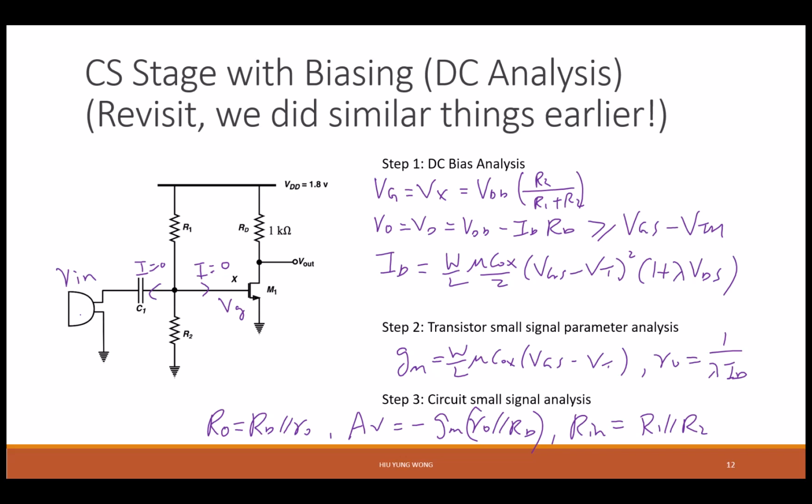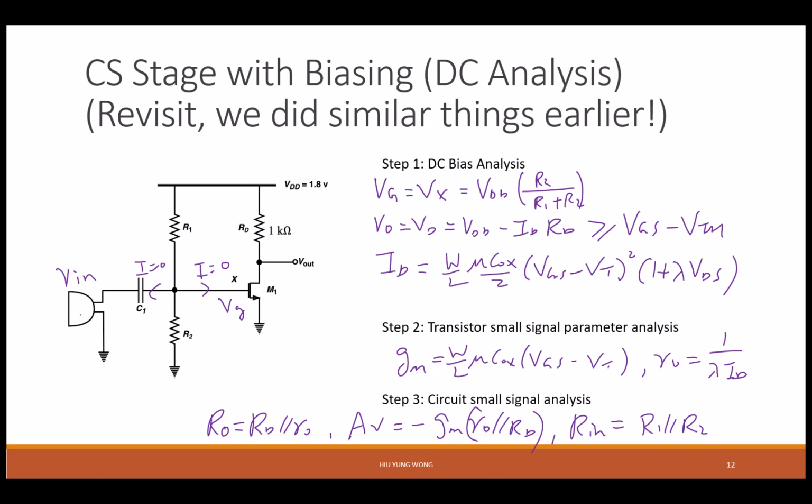And of course, then we also need to make sure that the V out, which is VD, which is VDD minus ID times RD, needs to be larger or equal to VGS, what else?